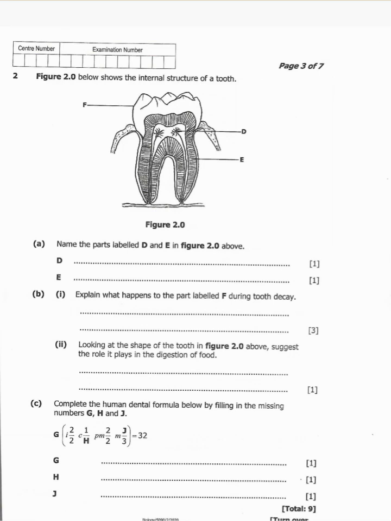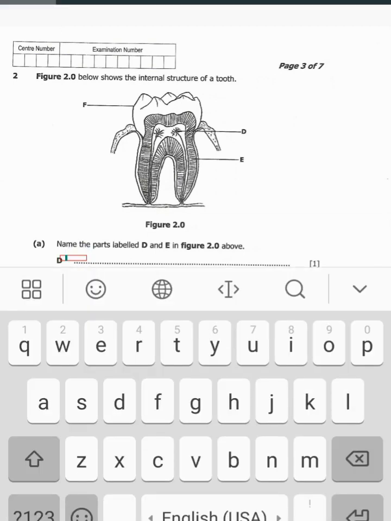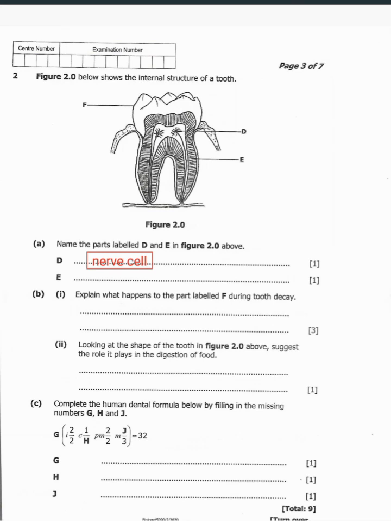So the first question there is saying name the part labeled D and E. We've already mentioned that the D is a nerve. You can still call it a nerve cell or a nerve ending. Whichever, it's going to be correct. So we have the nerve cell there, or if you want, you can just put nerve, still going to be correct.